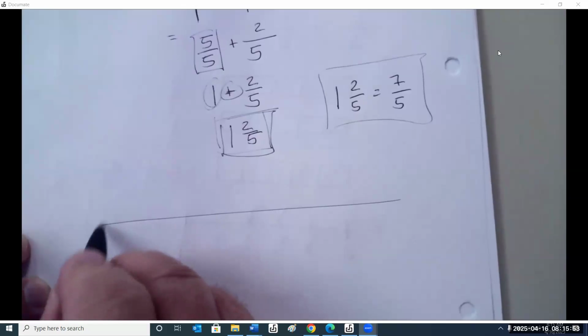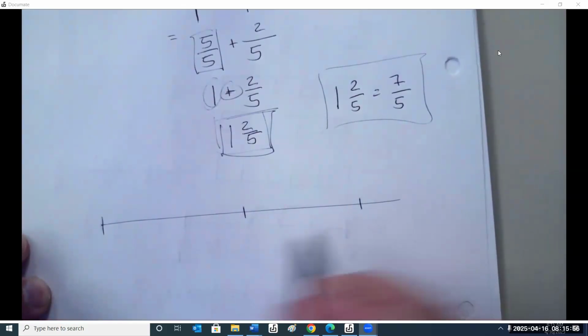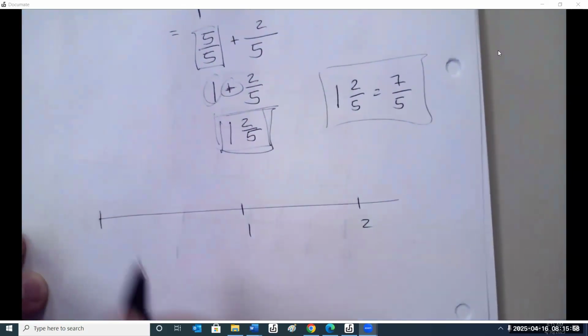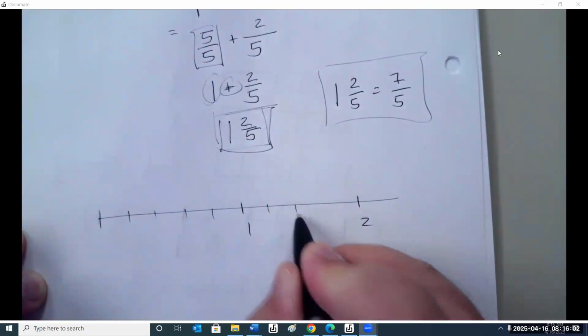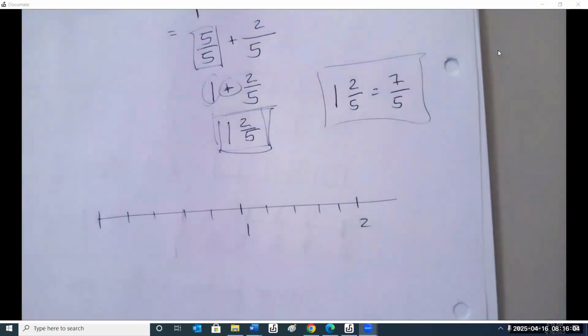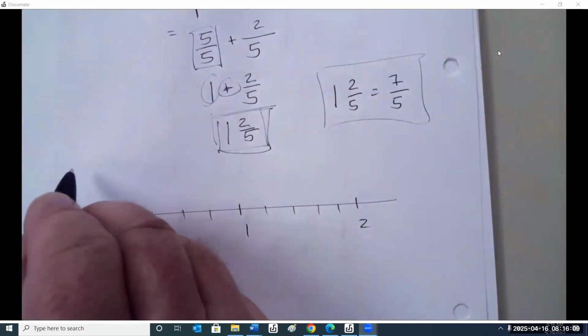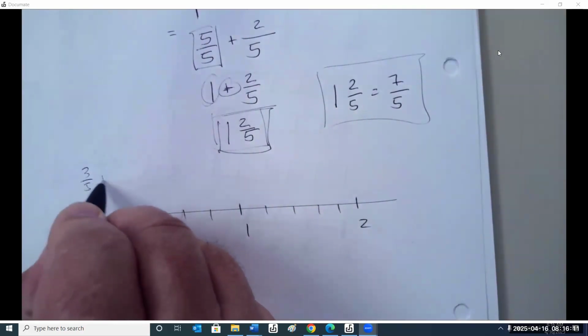When we go to our number line now, we have 1, 2, 3, 4. 1, 2, 3, 4. So 3 over 5 plus 4 over 5.